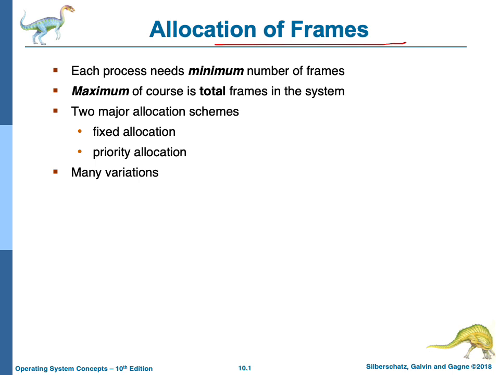So remember we talked about pure demand paging, right? With pure demand paging, we said that we're going to allocate 0 frames initially to a process until it starts page faulting with every reference, and then start loading those pages to memory.